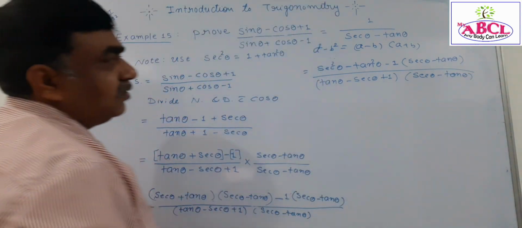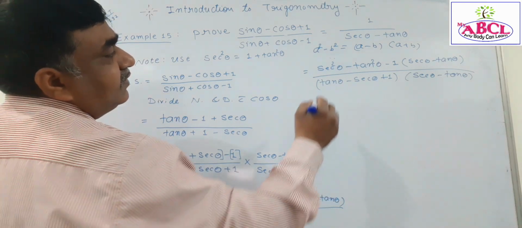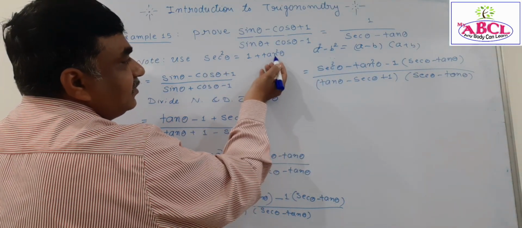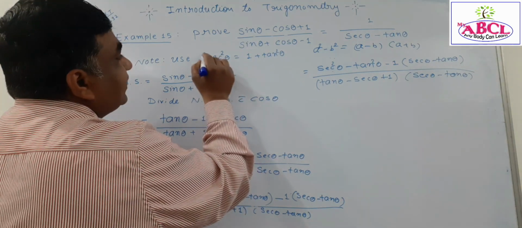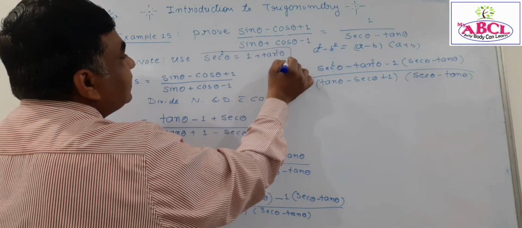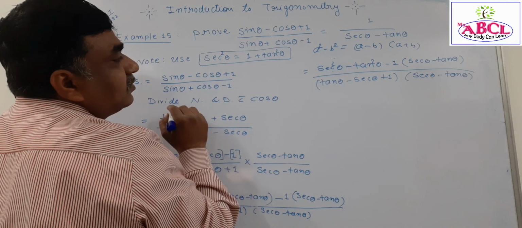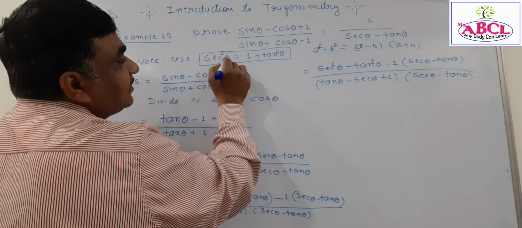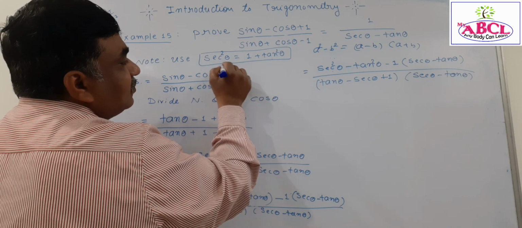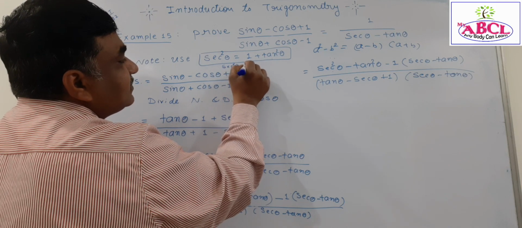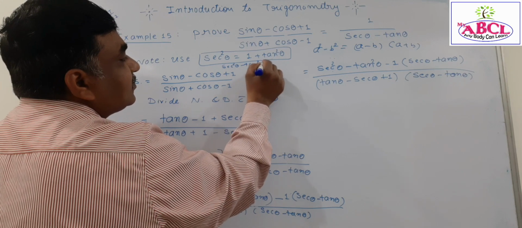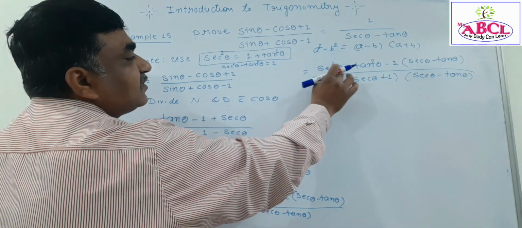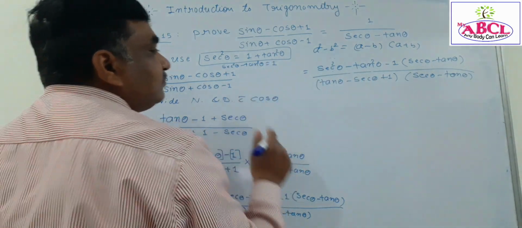Okay. Now, as we have been given, look here, I am going to take this tan to the other side. This is the identity that I need to use as per the instruction given in the example. So sec square theta minus tan square theta is equal to 1. I am using this identity and putting the value of sec square theta minus tan square theta as 1.